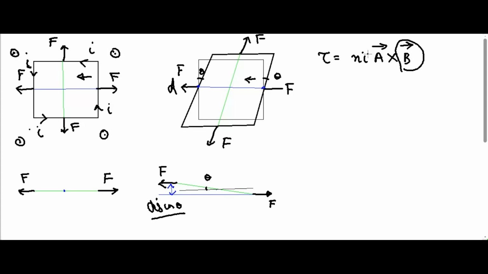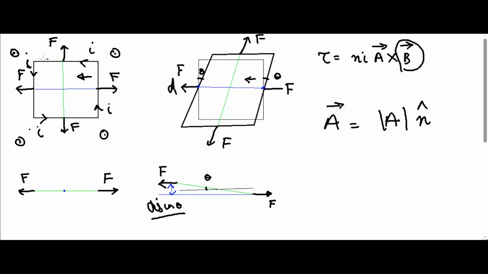What I also wanted to discuss is how to find the direction of the area vector. Now, for any area, the area vector is a vector whose magnitude is equal to the area of this square loop, and the direction is along the normal, so a unit vector along the normal.